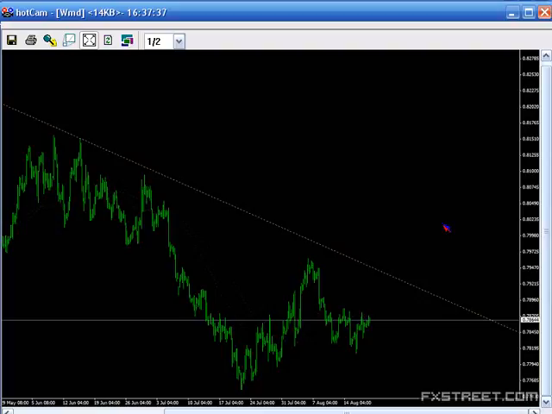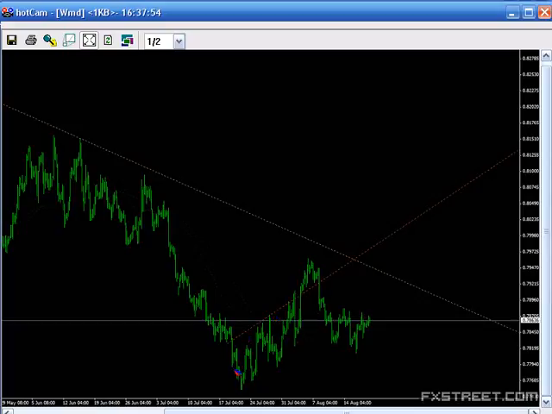As far as the technicals are concerned, if we're looking at the Euro GBP, it's just a case in point, there's some element of structure here. I was going to mark it out.